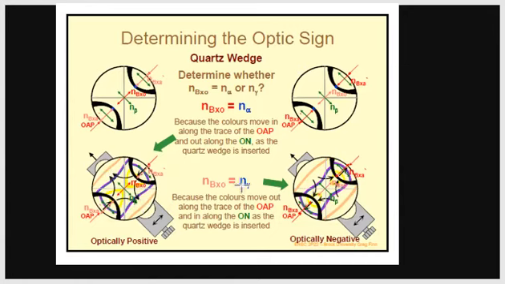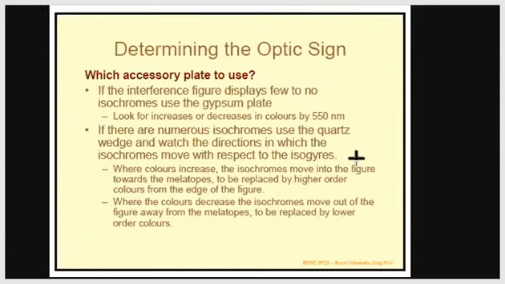If BXO is N gamma, you will see that the colors move out along the trace of the optic axial plane and move in from the optic normal. The optic normal is N beta. From that, the colors will come and move out from the optic axial plane emergence. That is the way you distinguish optically positive biaxial from optically negative biaxial when you use a quartz wedge.